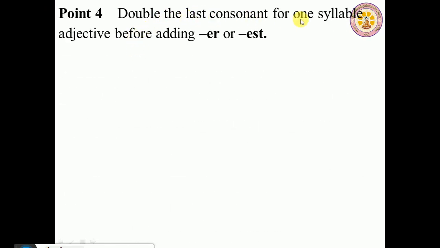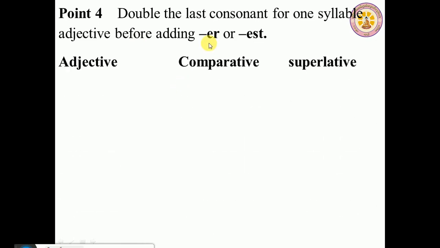Point number 4: double the last consonant for one-syllable adjectives before adding -er or -est. So for short adjectives that end in one consonant plus one vowel, we have to double the consonant before we add -er or -est. Example like "thin", with only one final consonant n.